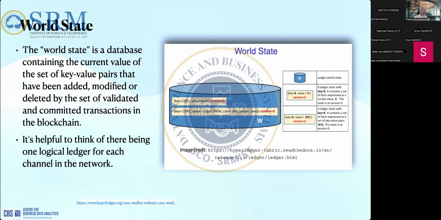Again, the main thing about the world state is that you can read the state information easily without needing to validate the whole blockchain. In Bitcoin, for example, if somebody wants to transfer money or see if a transaction is valid, they have to go one step back and verify the previous transaction. Similarly, in Ethereum, you have validation checks being done.